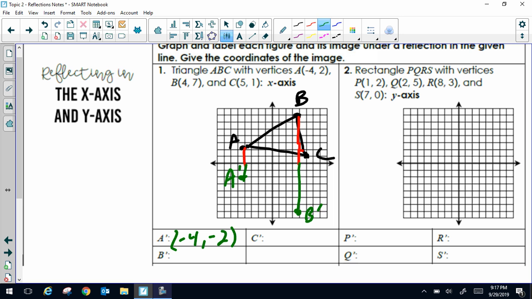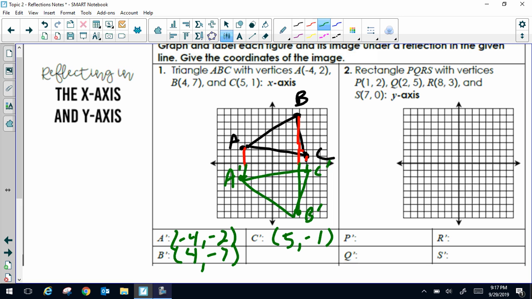It's at the same x value, but the sign of my y has changed to -7. C is only 1 away, which means I need to go 1 away on the other side to get my C prime. Same idea: x stays the same, y changes to negative. So here is my new triangle reflected over the x-axis.